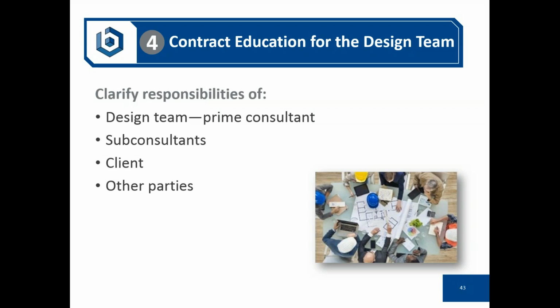We talked earlier about the responsibilities of the client, that your team members should be aware of what the client is supposed to provide in terms of information and decisions they're supposed to make and the timeliness of it. And again, there might be other parties.